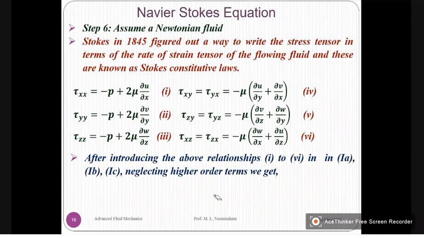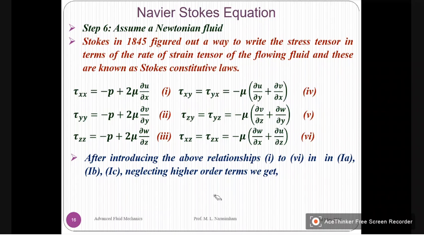suggested by Stokes. Stokes in 1845 figured a way to write the stress tensor in terms of the rate of strain tensor of the flowing fluid, and these are known as Stokes constitutive laws.